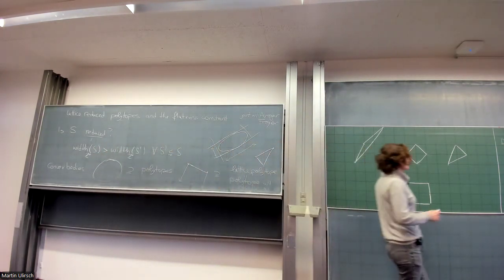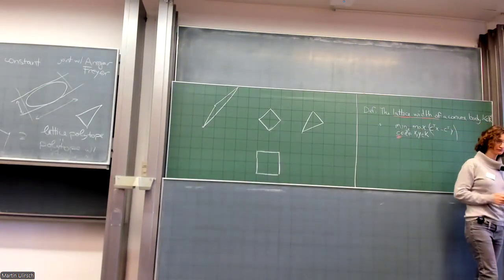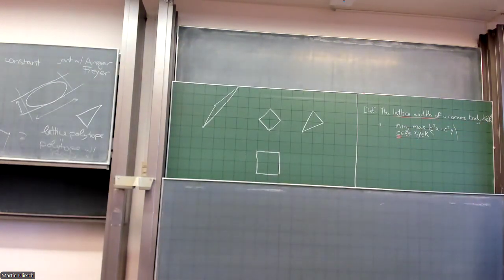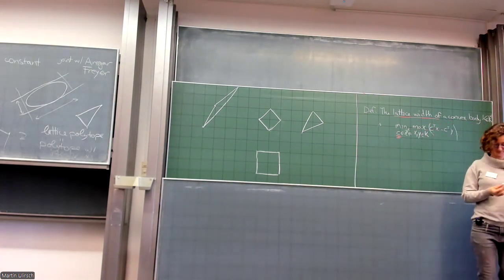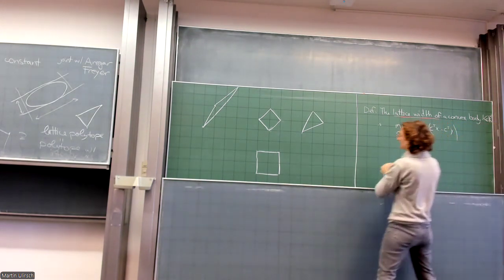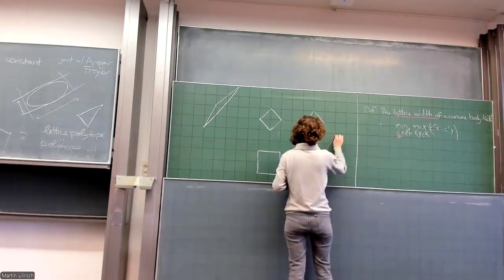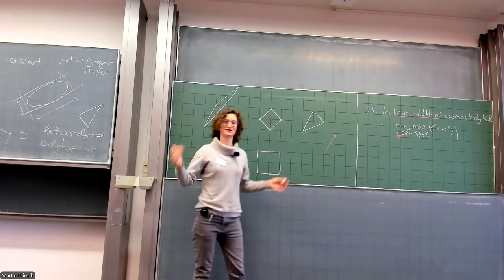Okay, so back to the lattice width. We can define it for any convex body. So really in the broadest class. But then the examples I draw are lattice polytopes because it's easier. Right, so what you do is you pick any lattice direction.